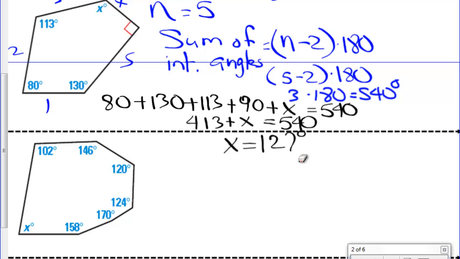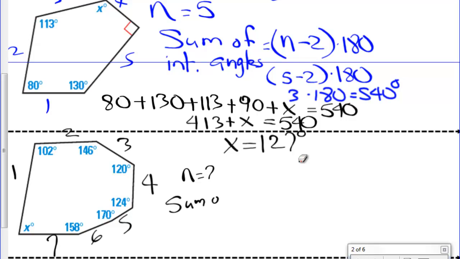Okay, the next problem, you handle it in the exact same way. Let's count the number of sides. 1, 2, 3, 4, 5, 6, 7. So n is equal to 7. So let's figure out the sum of the interior angles.